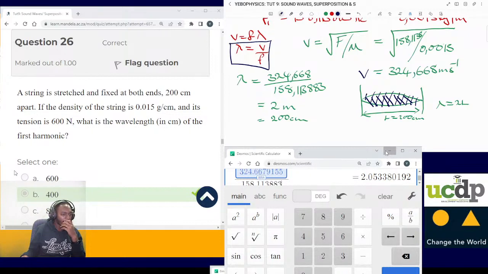Okay, so first harmonic has got one antinode. Second harmonic. So because we're getting half of what we expect. We're getting half of what we expect.